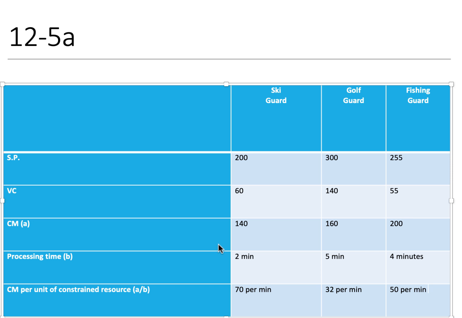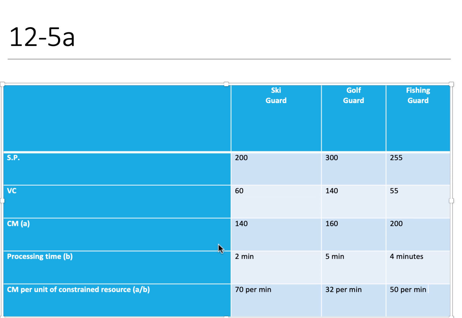Okay, so based on the fact that Ski Guard gets the second highest sales revenue, it has the least highest contribution margin, but based on processing time, because we can pump out those Ski Guards the quickest, we get $70 contribution margin per minute of the constrained resource.